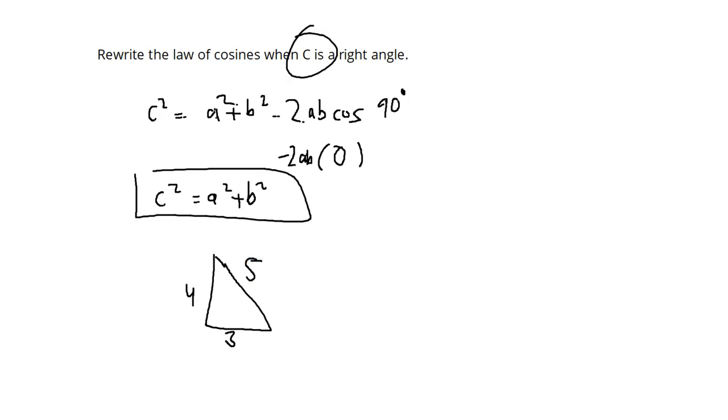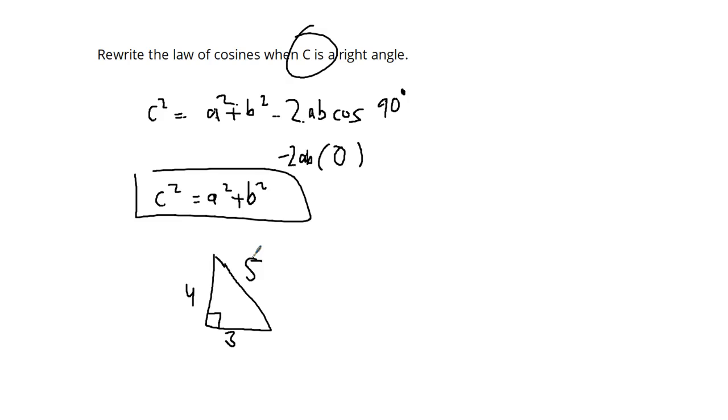And I just drew a 3, 4, 5 triangle to showcase that it is a Pythagorean theorem 3, 4, 5 triangle. And the angle is 90 degrees, because if I use this law of cosines with the 3 and the 4, and I had this angle to be 90 degrees over here, I could figure out the 5.